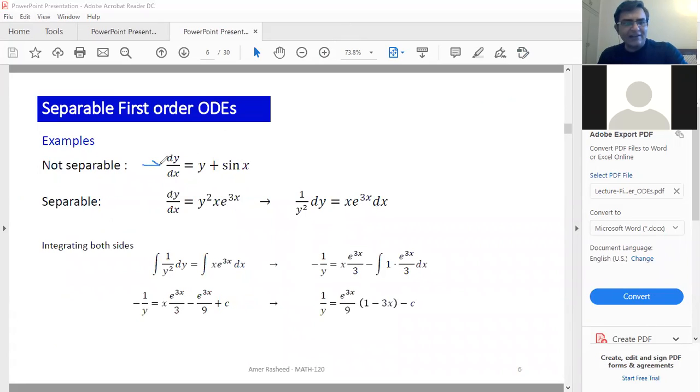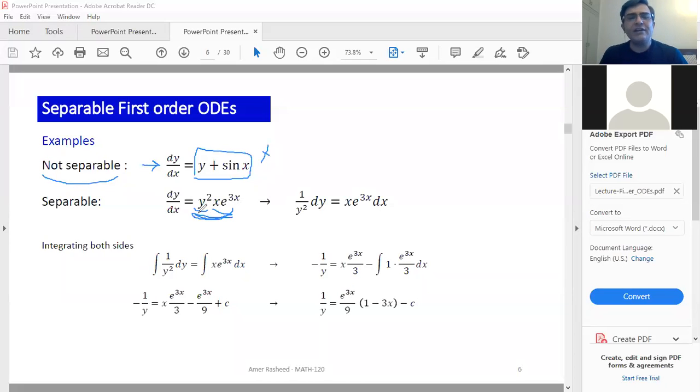Now, you can see that in this differential equation we cannot separate the variables. Can we separate the variables here? No. So this is not a separable differential equation. Whereas in this differential equation, we have two functions, one of x and the other of y, which are being multiplied.